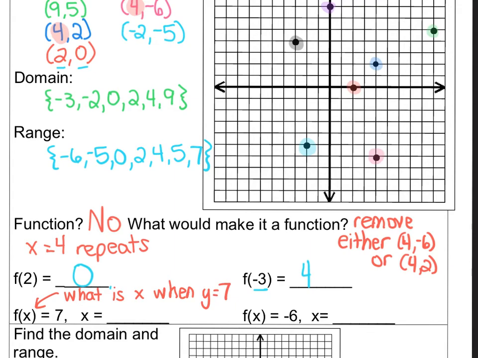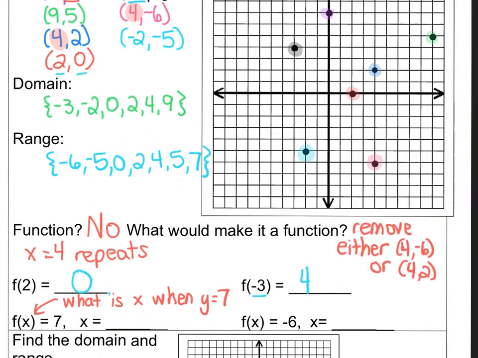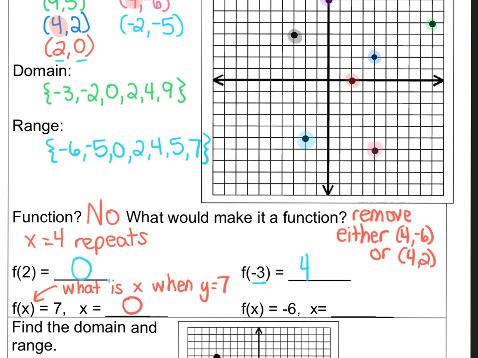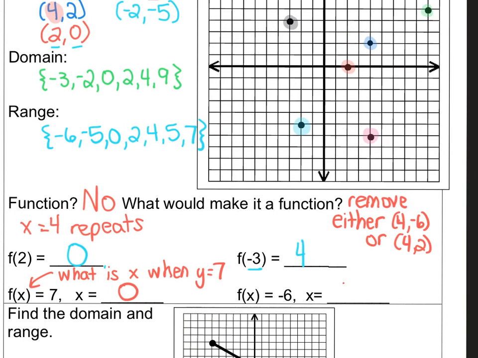So now I'm going to go back and look for my y value of 7, which I can see right there, x would be 0. So same thing, what is x when y is negative 6? I would go back and look at my points. There's negative 6. My x value would be 4. So those aren't necessarily hard questions to answer. You just need to understand the terminology that goes along with those.